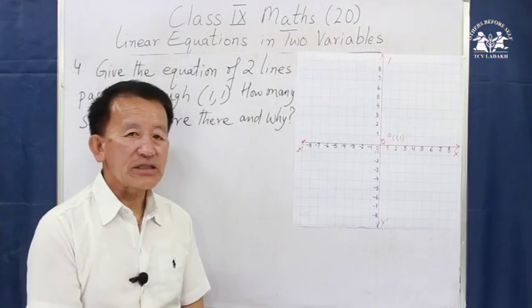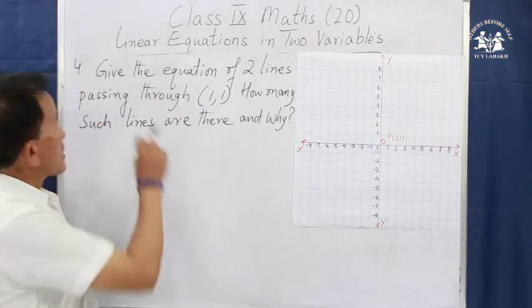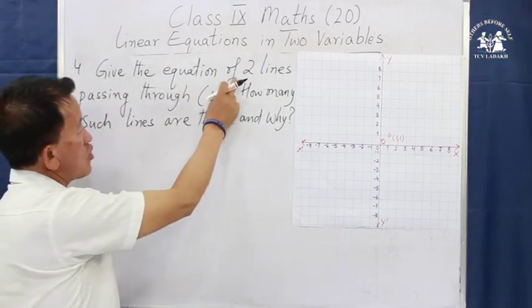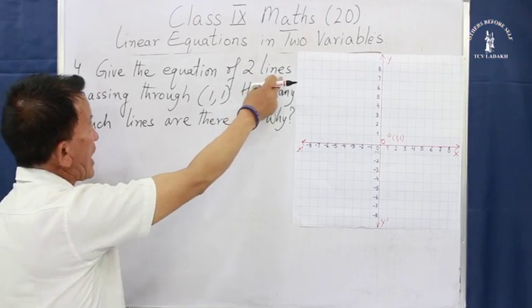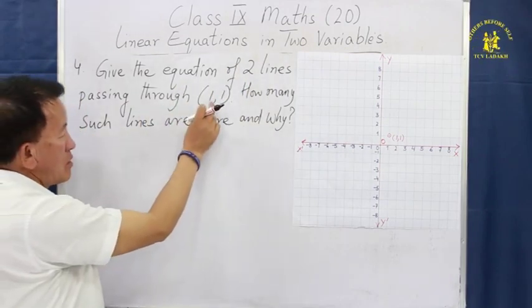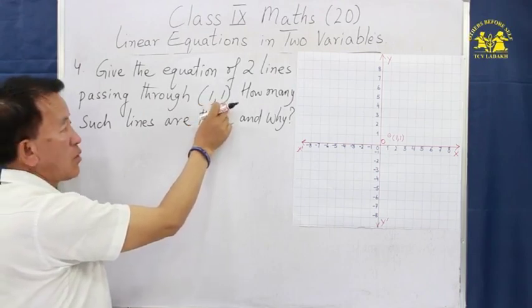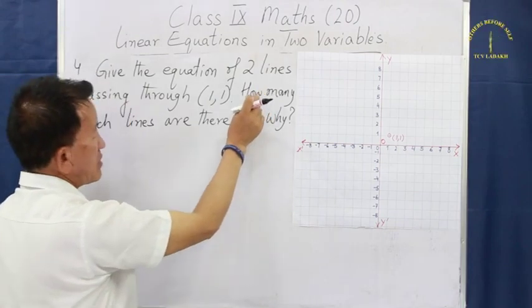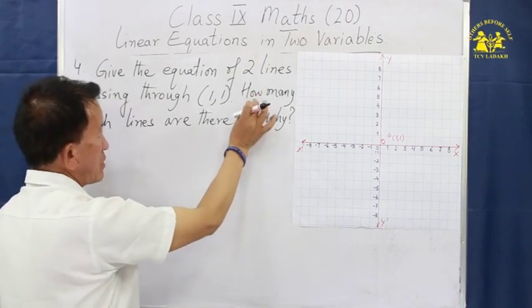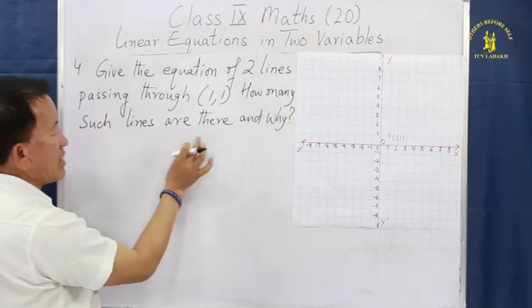Okay, now let's discuss another type of question. That is, give the equation of two lines passing through the point 1, 1. X is equal to 1, y is equal to 1. And then after drawing, we have to say how many such lines are there.